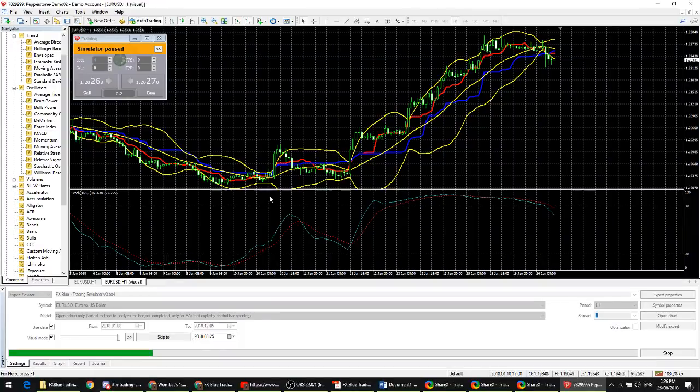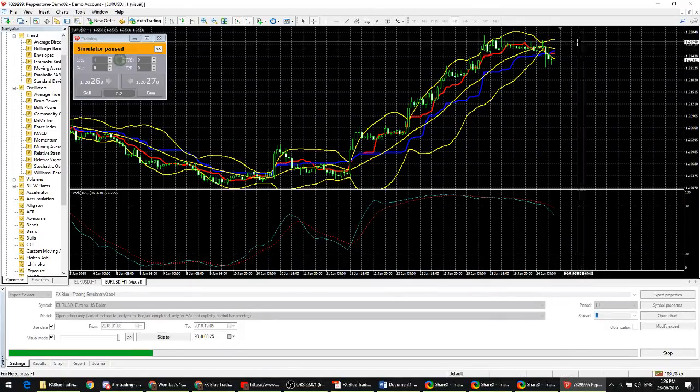So we came in down here, and that was somewhere around 1968, and we exited that trade somewhere up at 122. So that was, I don't know. Do we have a measurement tool here?